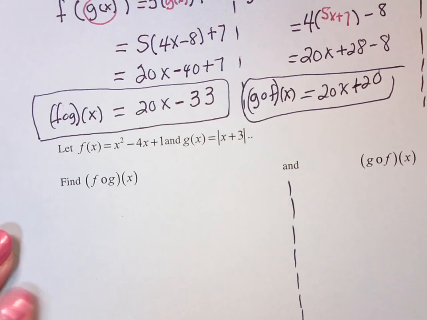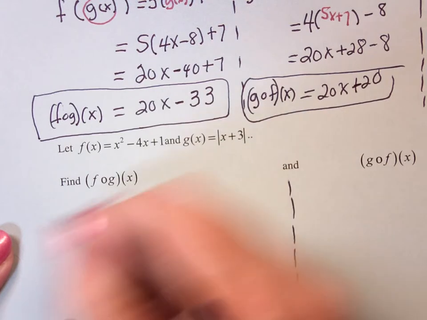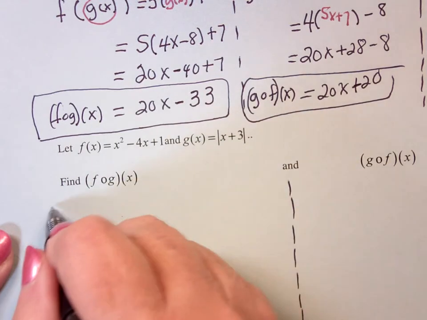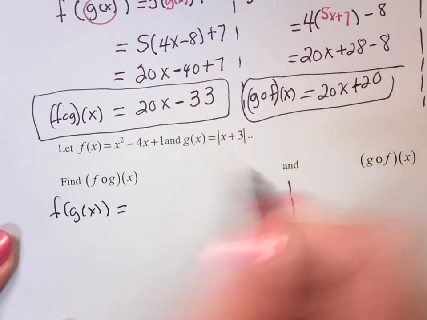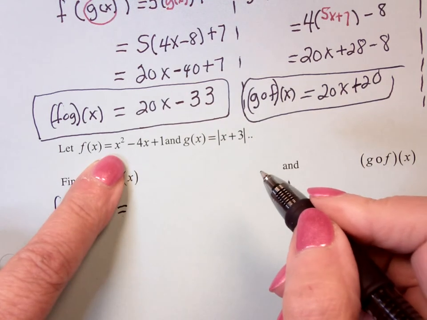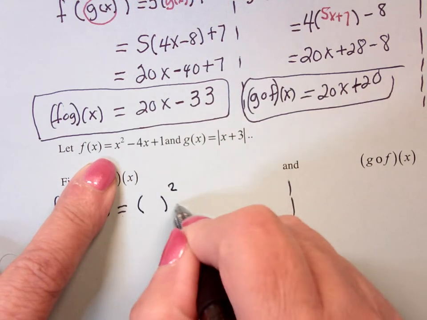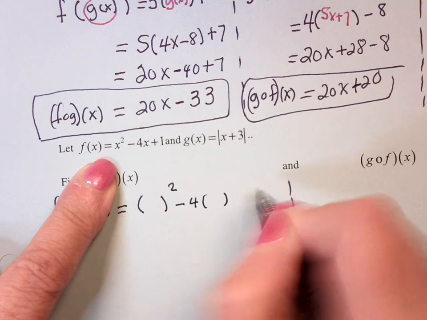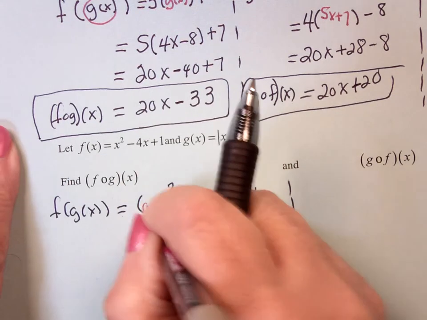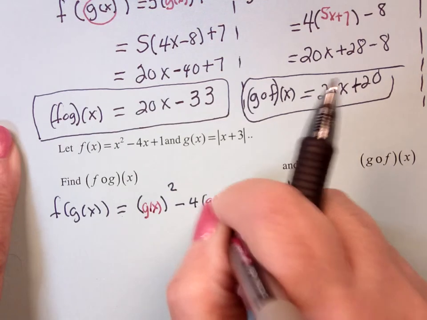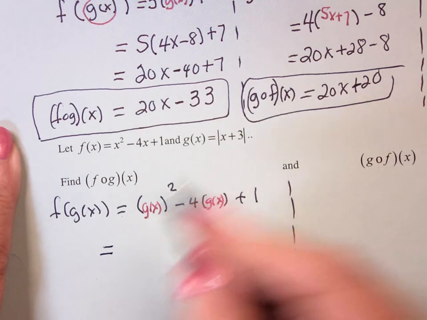Okay, this says here is f and here's g. So they first wanted me to find f o g, which is f of g of x. That says go to f, and f is x squared minus 4x plus 1. So I'm going to pull the x's out and put in g. And it just happens to be a formula.